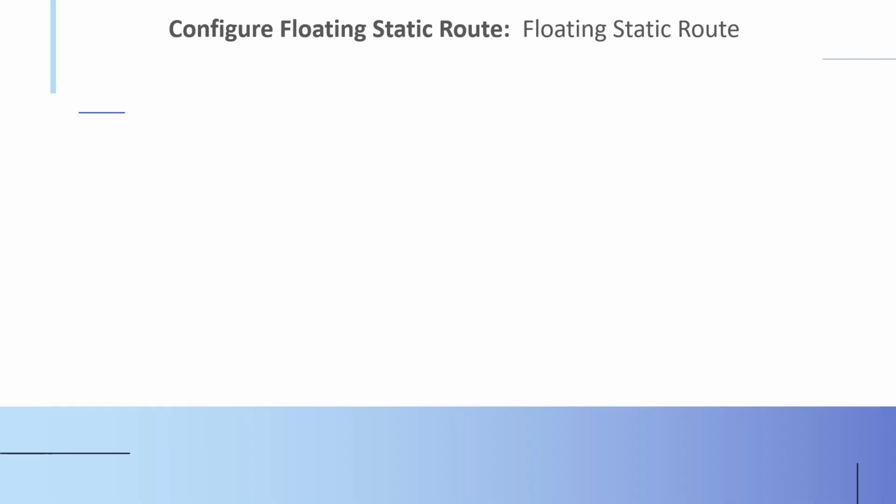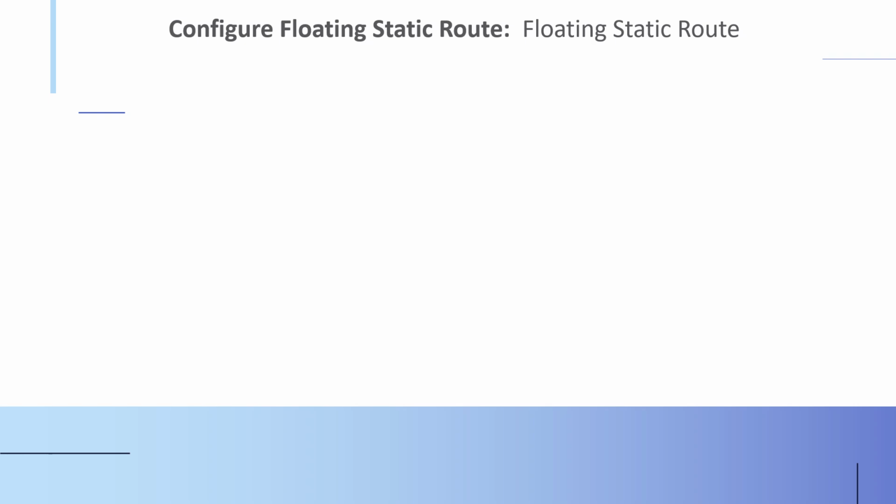The floating static route is only used when the primary route is not available. To accomplish this, the floating static route is configured with a higher administrative distance than the primary route. The administrative distance represents the trustworthiness of a route. If multiple paths to the destination exist, the router will choose the path with the lowest administrative distance.